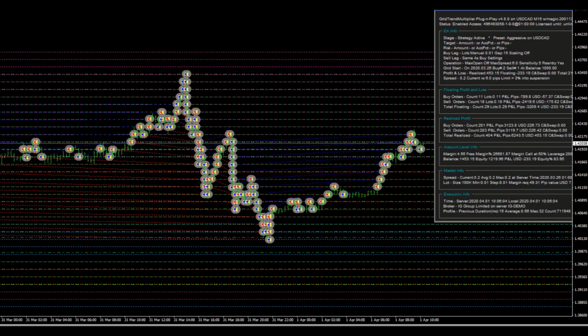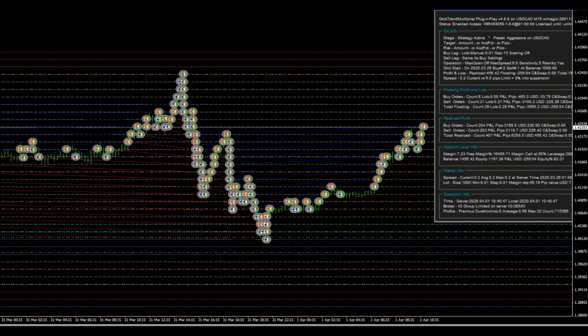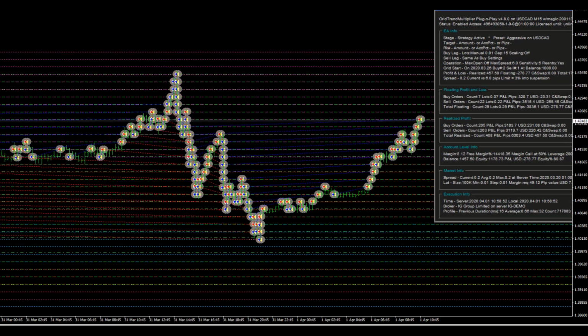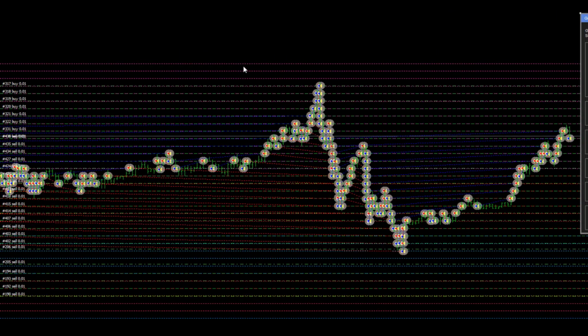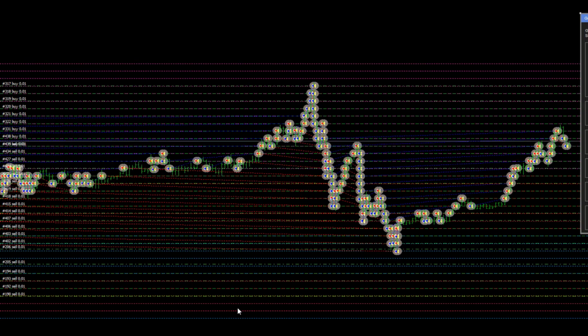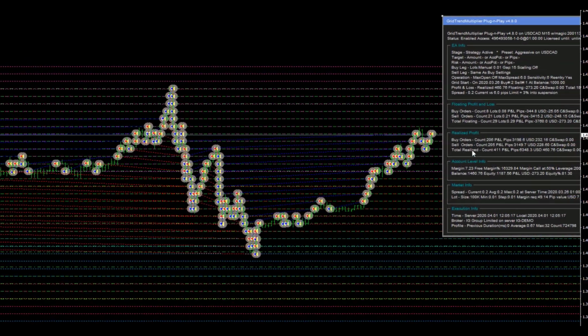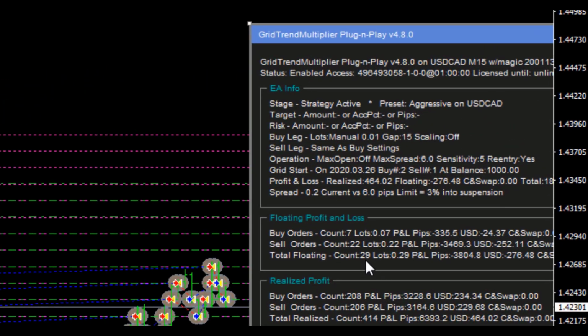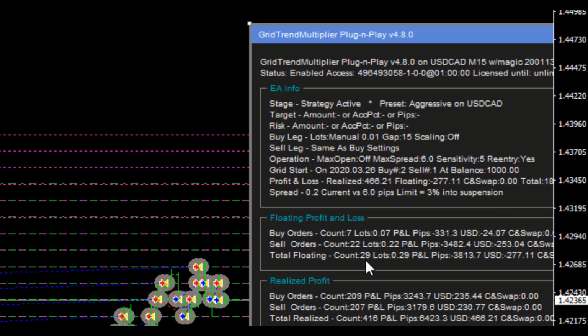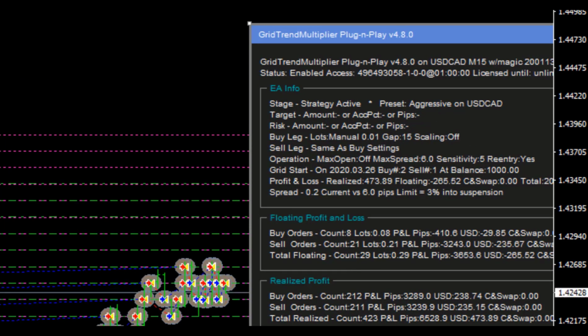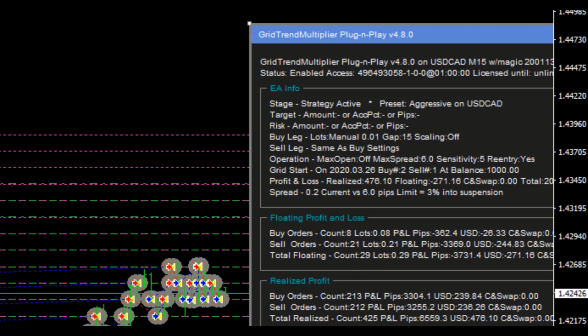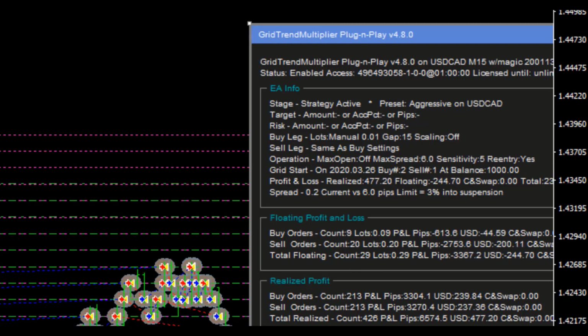Okay, here we are. Here is the trading in action, and as you can see, here's the blanket concept that I've been talking about. And what you can see here is, there are 29 open trades, and because there are buys and sells, the margin requirements get offset in the majority of cases.